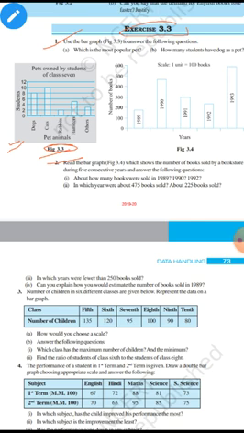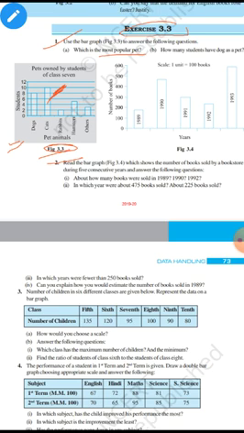So the height of the bar, this bar has more height. So the cats are the most popular pet.